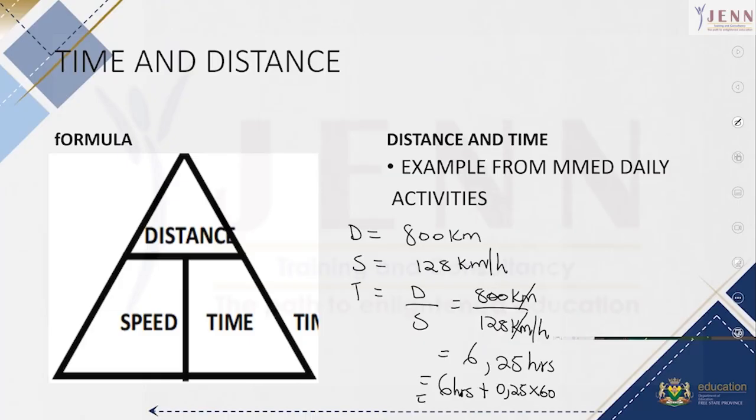So the time in hours and minutes will be: 0.25 multiplied by 60 will be 15 minutes. So the answer will be 6 full hours and 15 minutes.